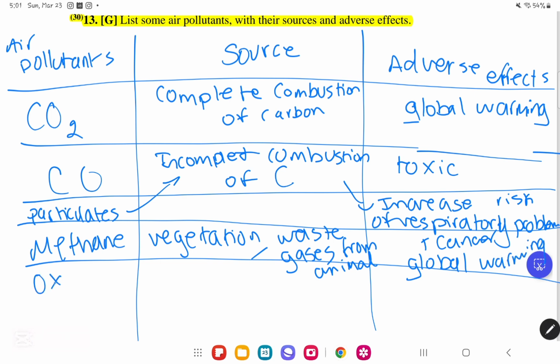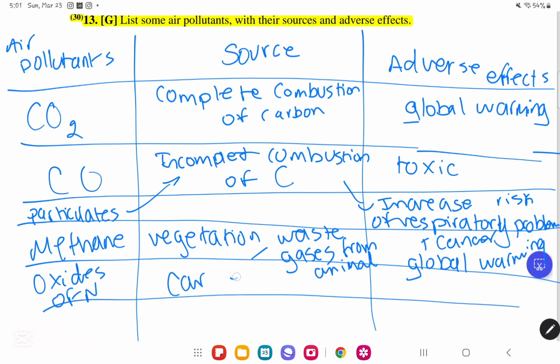Then we have the oxides of nitrogen, made by car engines, and its effects are many. We have acid rain, we have photochemical smog, and then we have the respiratory or breathing issues.